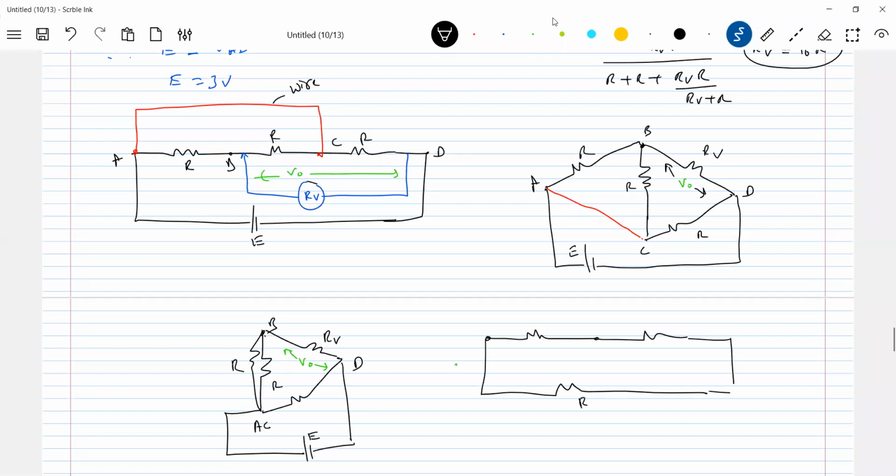So the whole circuit, if you put it in another simplified way, this is R by 2 and this is RV. And here is the drop which we needed. And this is a cell.